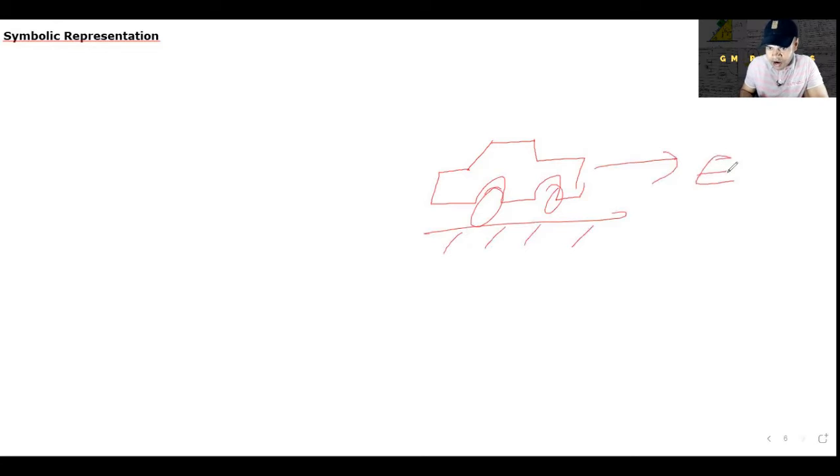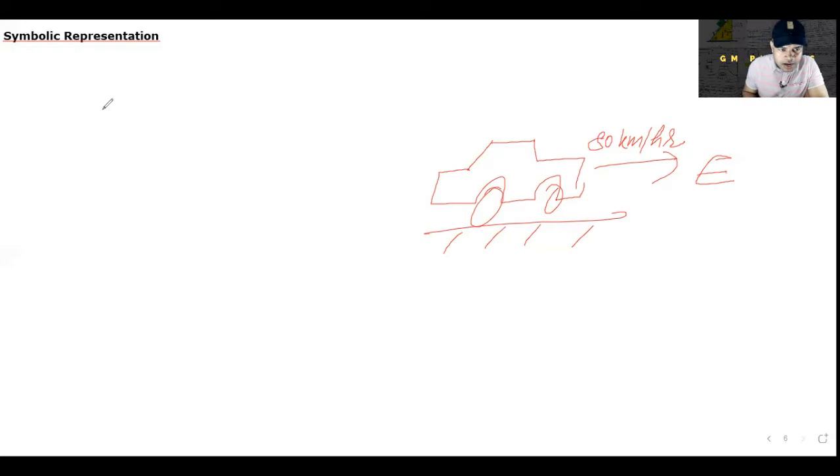So now suppose a car is moving along east direction with a speed of, let's say, 80 kilometer per hour. So we can represent this vector quantity, that is velocity vector of this car, which is 80 kilometer per hour in magnitude and along east direction.